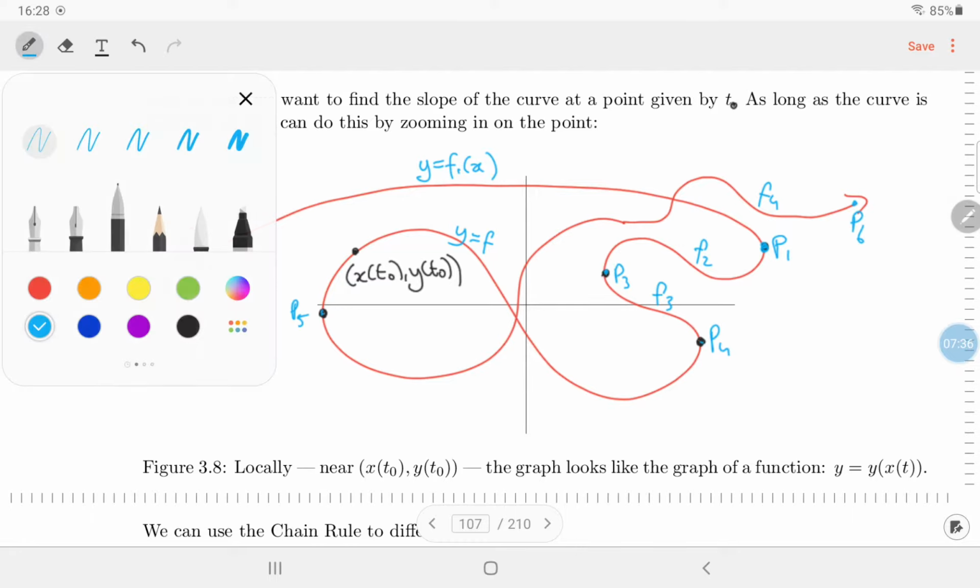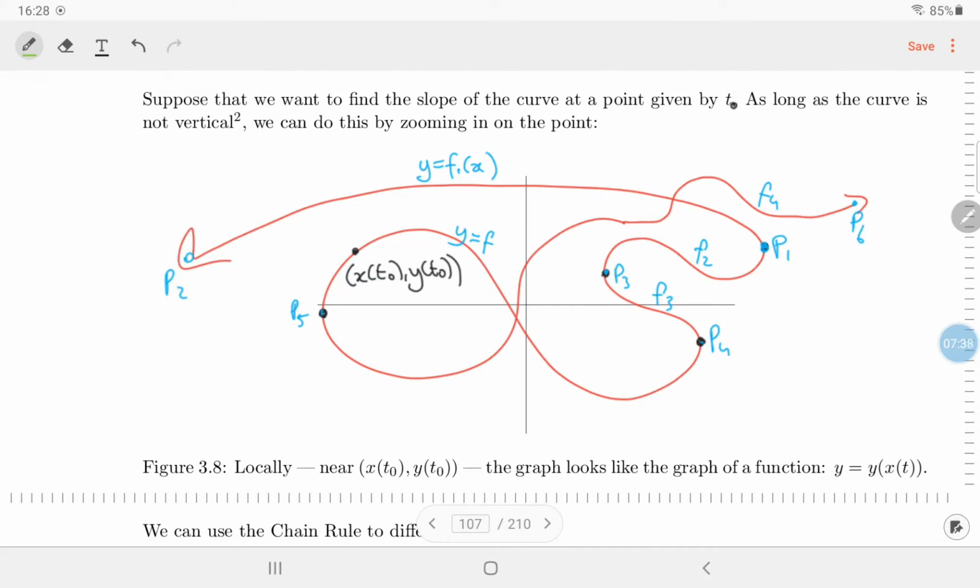So we're interested in the point t0, and we're actually just going to look between P5 and P4. Now the important point is, as long as the slope is not vertical at t0, you can take a portion of the curve. So see this green bit? That is the part of the graph of a function.